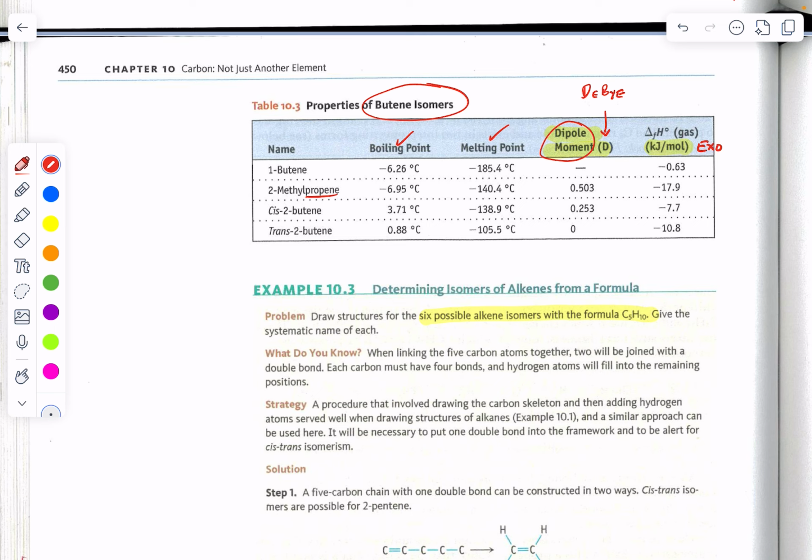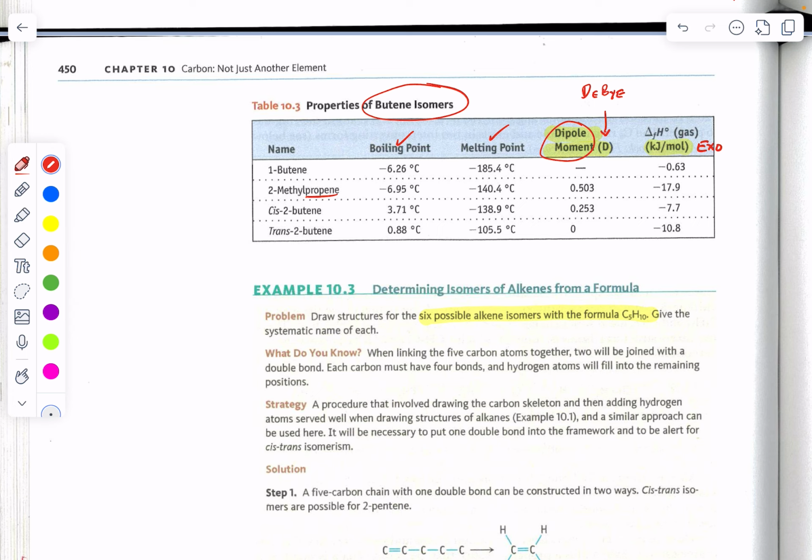The word moment is sometimes used in physics when we talk about rotary motion and rotational inertia, and it's also often used when you incorporate calculus into your calculations. And so anyway, this is the dipole moment.